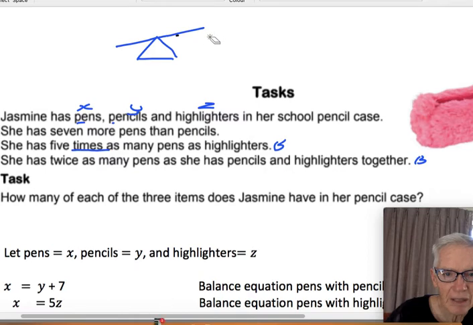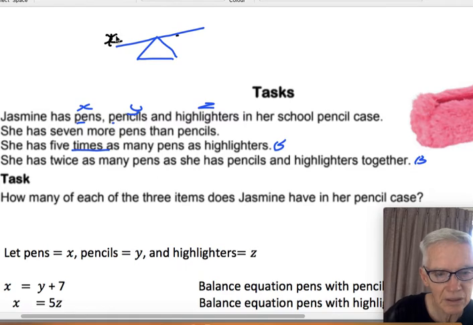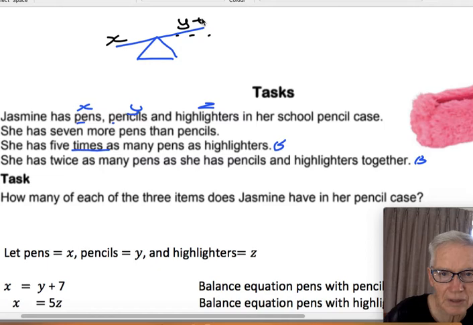Again, it's another balanced equation. She has twice as many pens as she has pencils and highlighters together. So we've got the pens down here, which are x, not p. You've got the pens are x. And up the top here, you have your highlighters and your pencils, y plus z. And they are together.